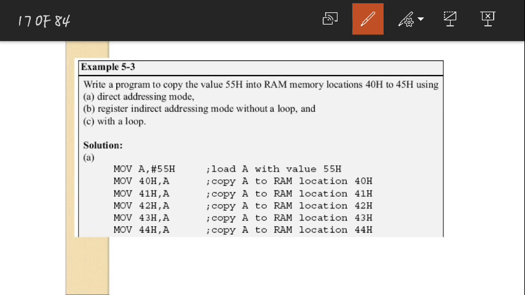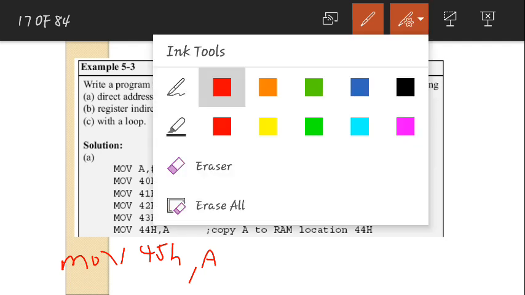He just mentioned RAM memory locations 40H to 45H. So you should also write 45H here. He didn't write that. That means you should write this instruction also after this: MOV 45H, A. Okay, then this is the correct program. Is that fine? So total 6 locations you are getting: 40, 41, 42, 43, 44, 45H. This many locations you need to move this 55H to, using the A register. So this is using direct addressing mode.